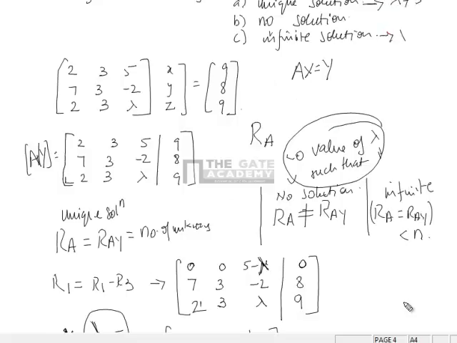The infinite solution is lambda equal to 5, and no lambda exists for which I get no solution. That is, the system will always have a solution for every value of lambda. This is how we solve these types of problems. Clear?